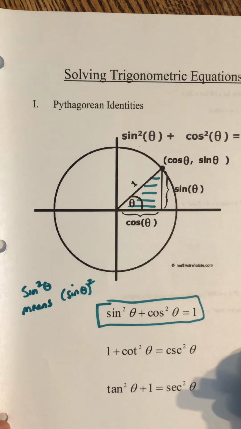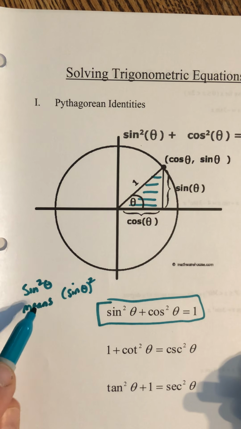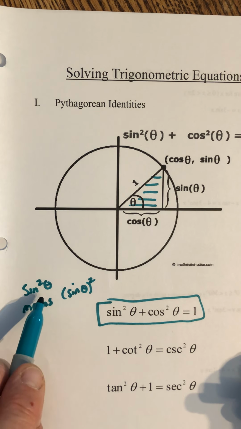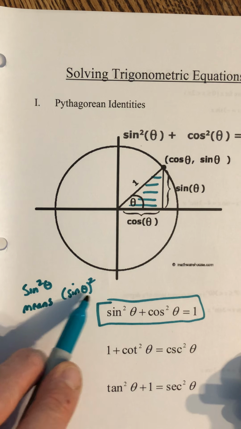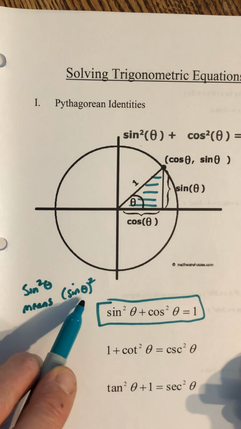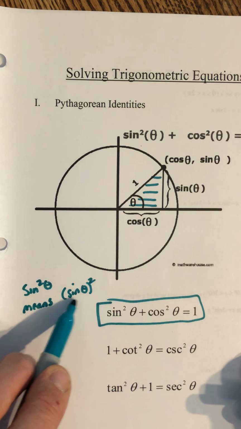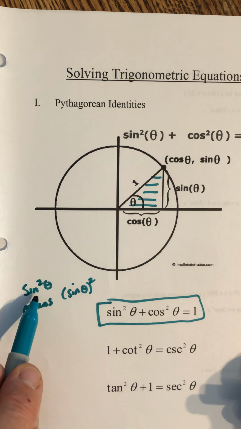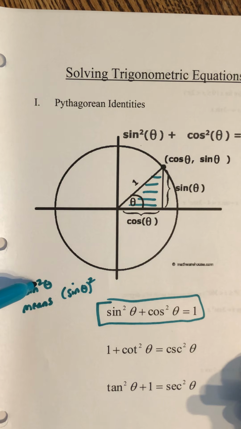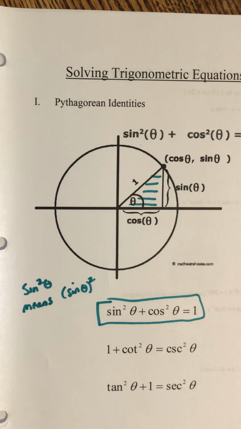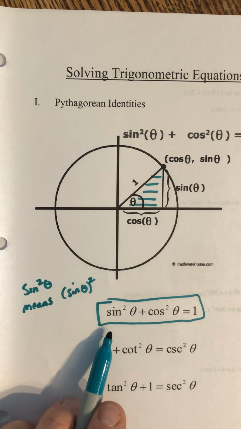We want to write as little as possible, and by agreeing that we could write it this way, we don't have to write the parentheses every time. Because the sine of theta squared without the parentheses would be a totally different thing. So if you're going to write it that way, you need the parentheses, but they said, okay, we'll let us write sine squared theta instead of the sine of theta all squared. Okay? So that's how we get this first one.